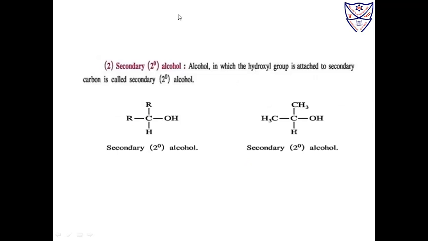We will write it like this: carbon with one R over here and one R over here, and one OH attached. Now tell me which is the secondary carbon. This is the secondary carbon, so when the hydroxyl is attached to the secondary carbon, it is called a secondary alcohol.